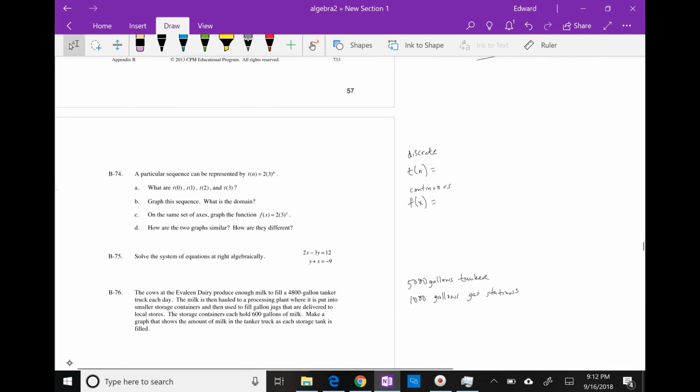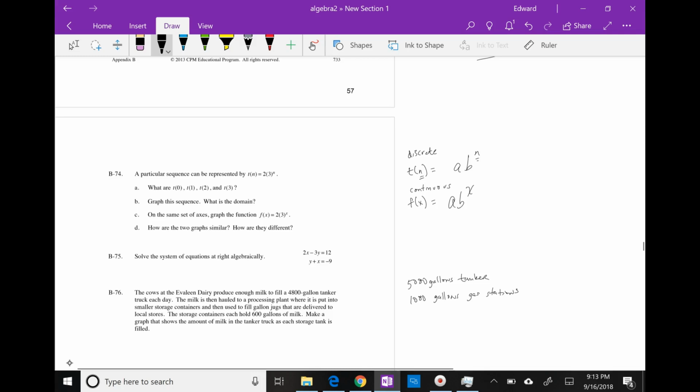Okay, finally, the last two questions I'm going to help you with. Let's talk a little bit about t to the n equals some function like a times b to the n, versus f of x is a times b to the x. The difference between these is that t to the n represents discrete functions, which means the n can only be whole numbers.